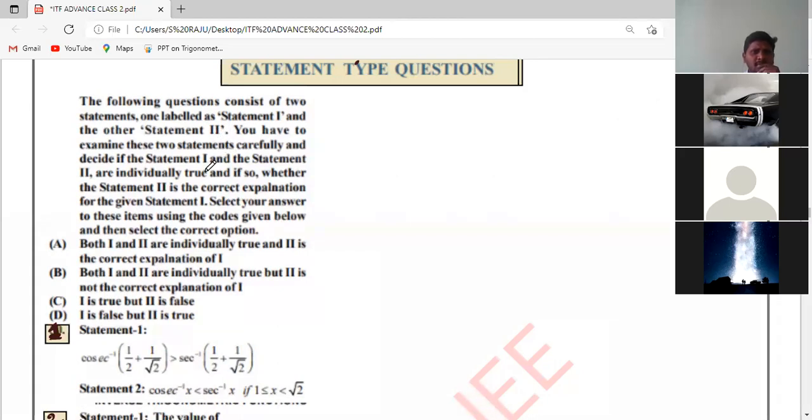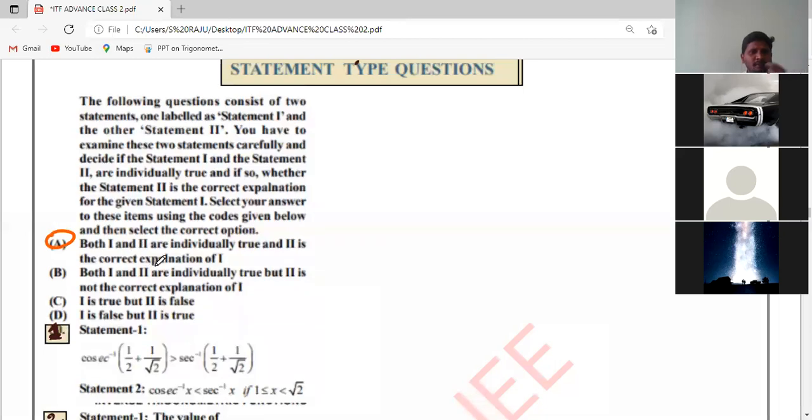You have to examine these 2 statements carefully and decide if statement 1 and statement 2 are individually true, and if so, whether statement 2 is the correct explanation for statement 1. Select your answer to these items using the codes given below. Then select the correct options.